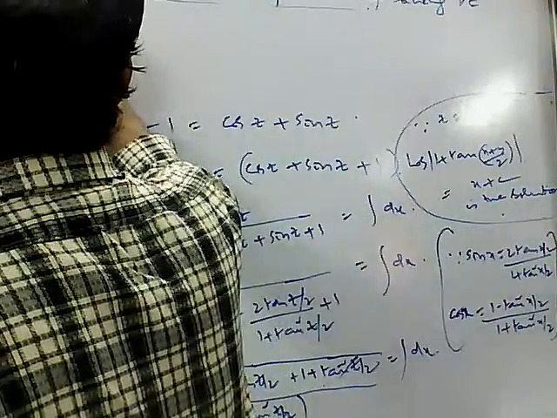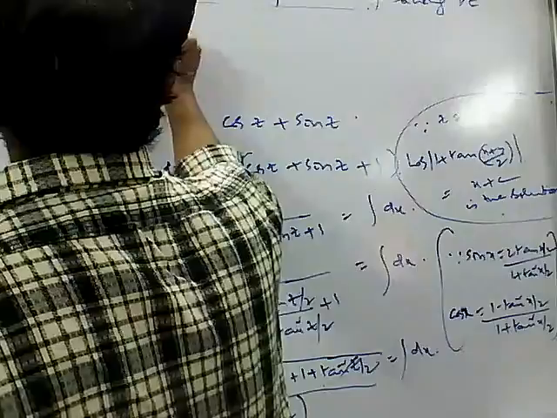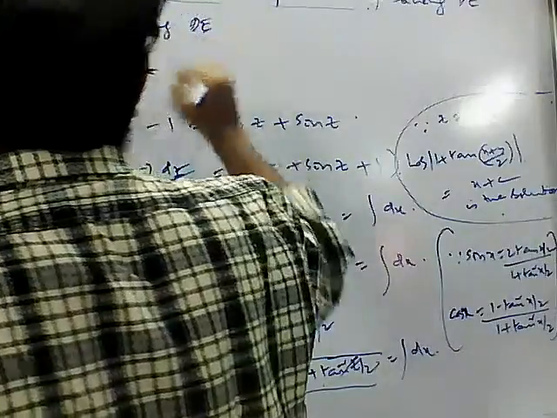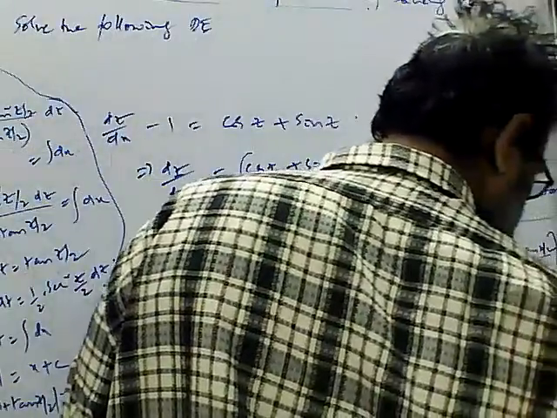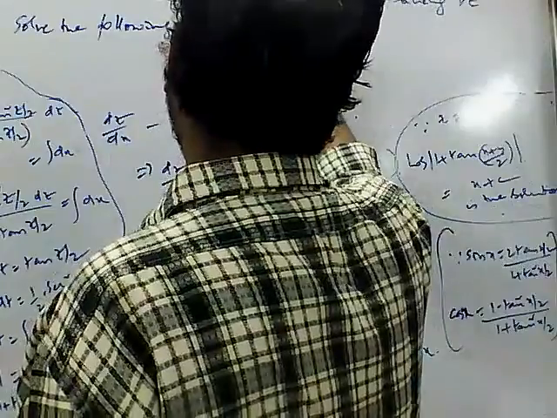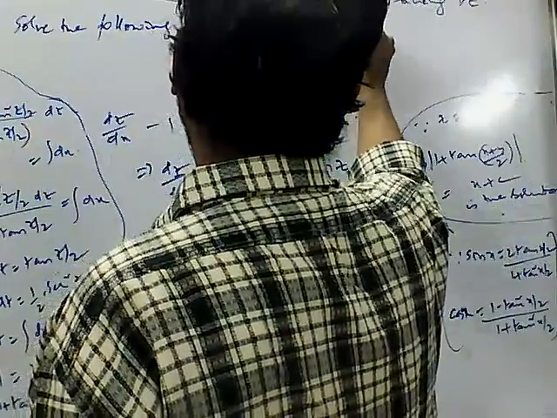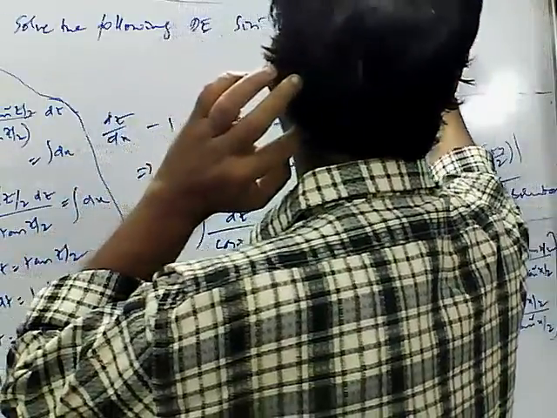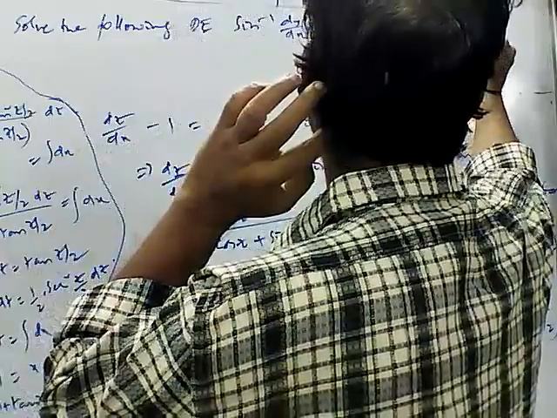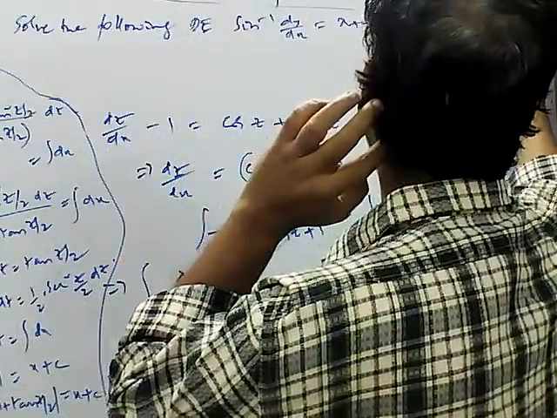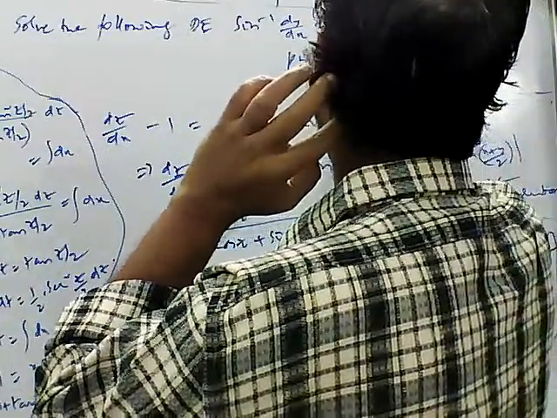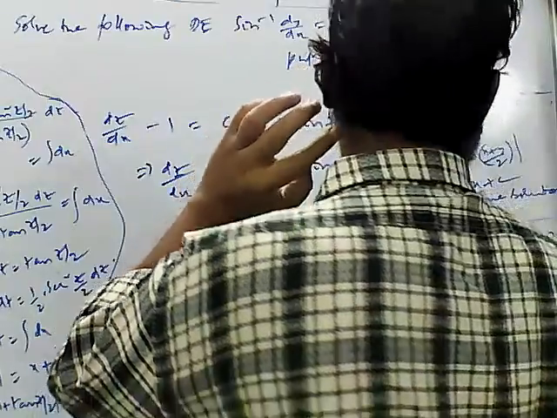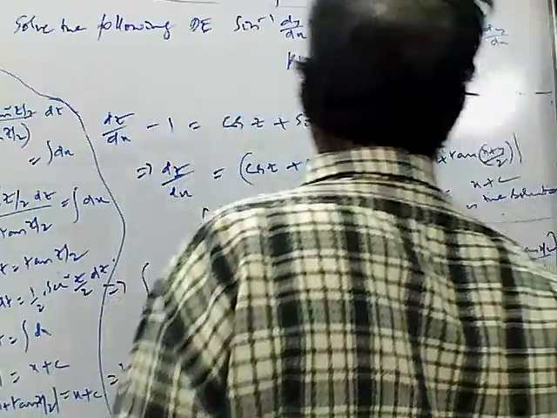Solve the following differential equation: dy/dx = sin(x+y). Right? Implies sin(x+y) = dy/dx. Put x + y = z. Right?